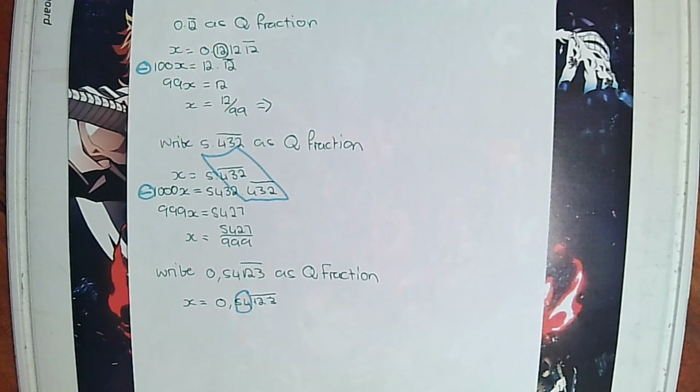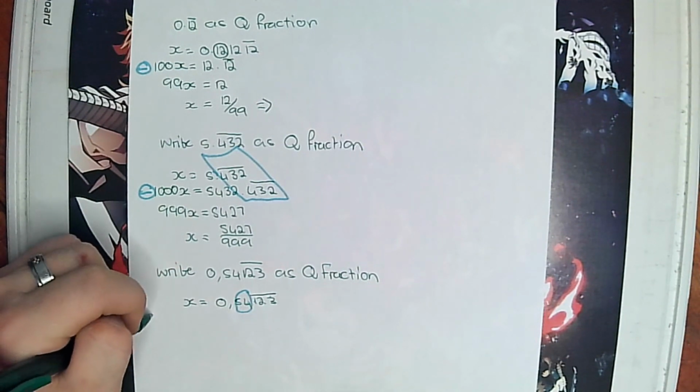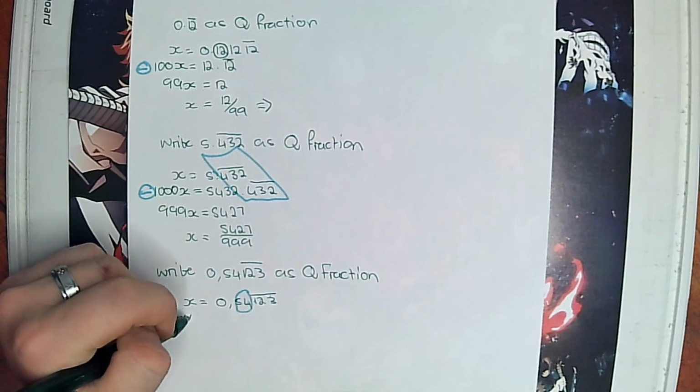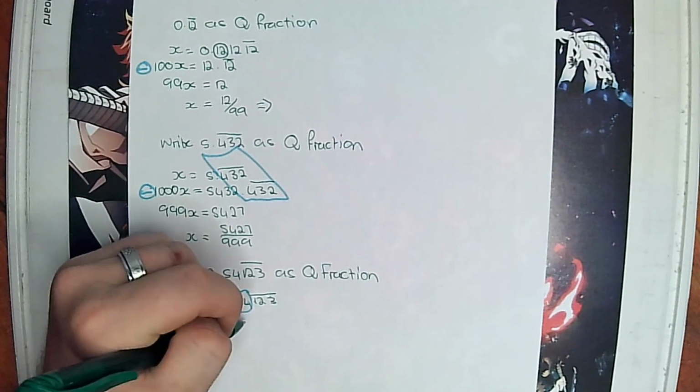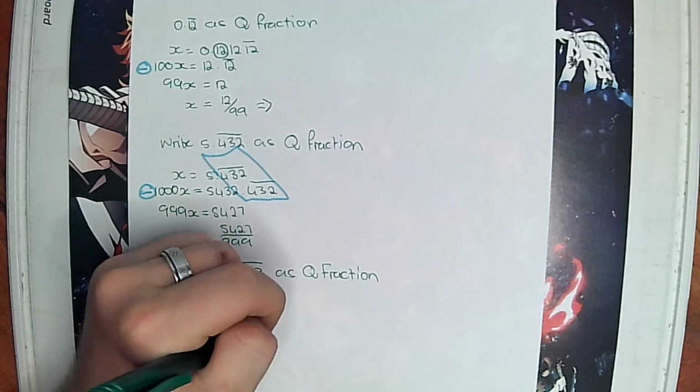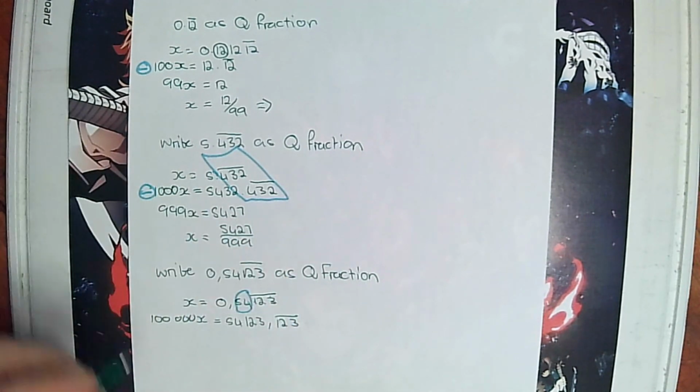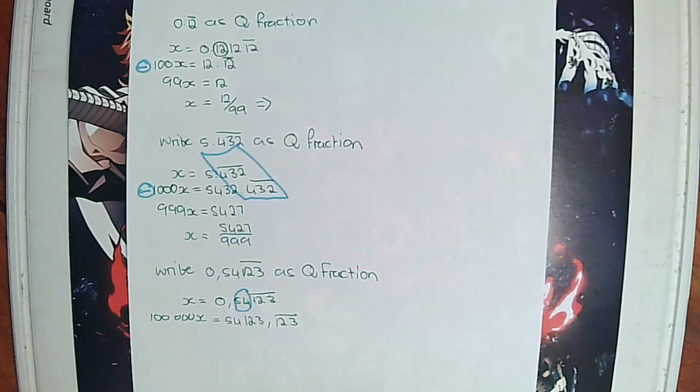So we multiply both sides by 100,000. This would then become 54,123.123 never ending. And now we have isolated the 123, sort of.